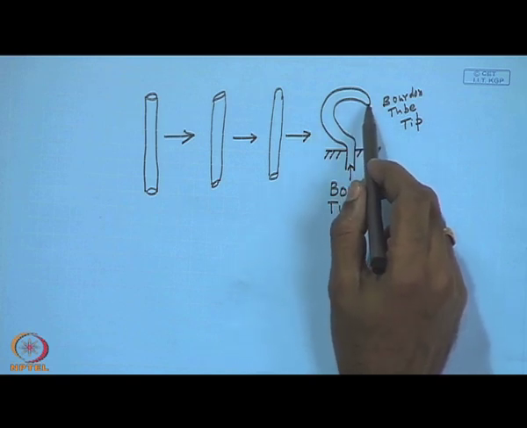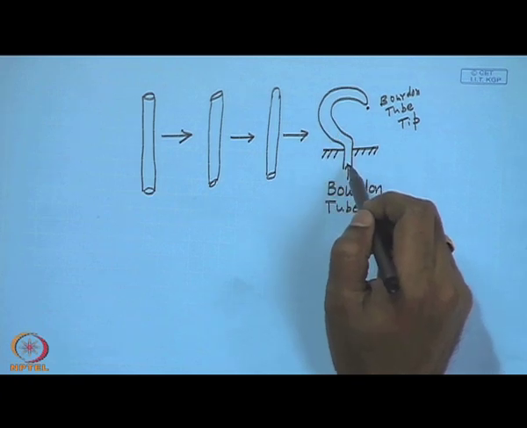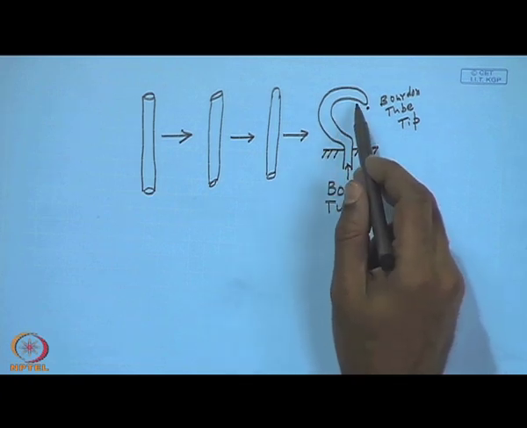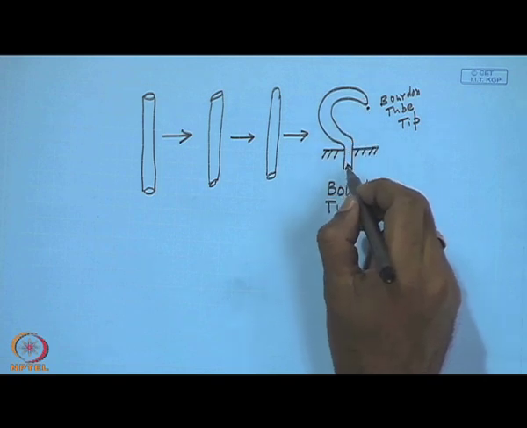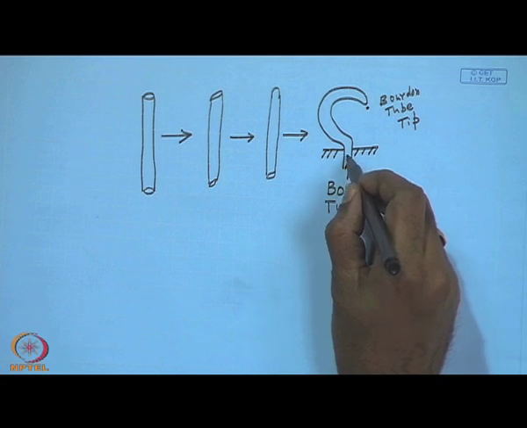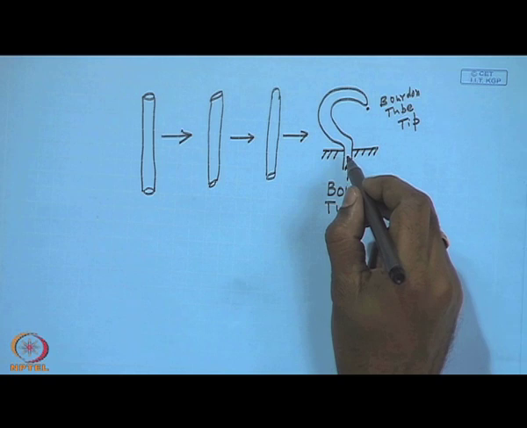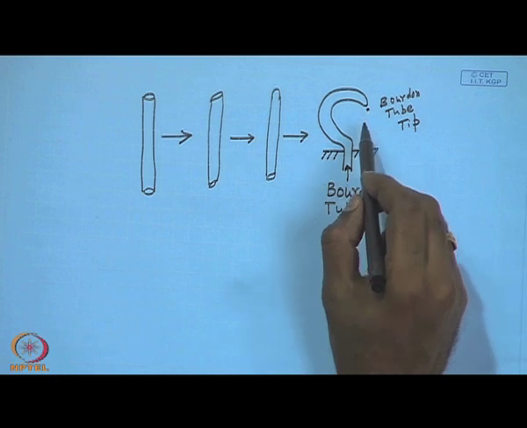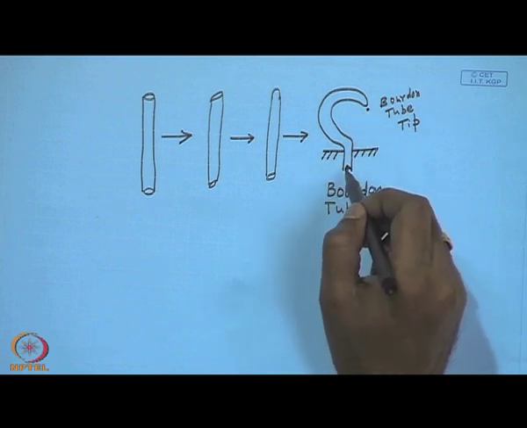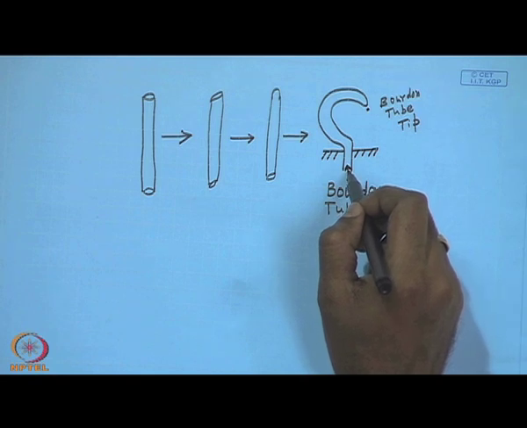It depends on the angle through which it is bent. It depends on its cross section, but most importantly, it depends on the amount of pressure that is being applied inside the Bourdon tube. So, for a given Bourdon tube, the deflection of the tip can be directly related to the pressure that is being applied inside the Bourdon tube.